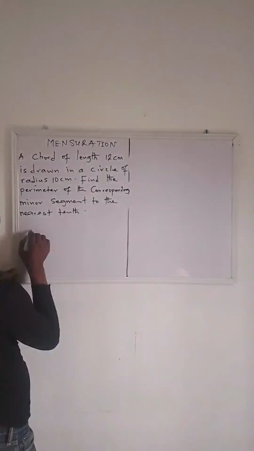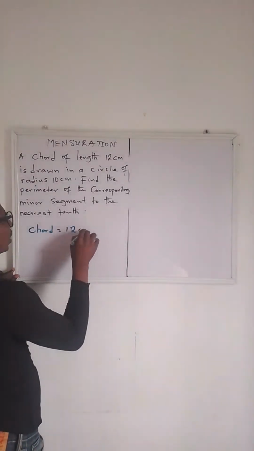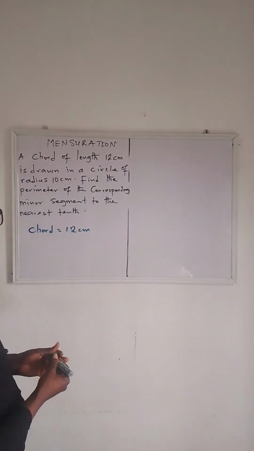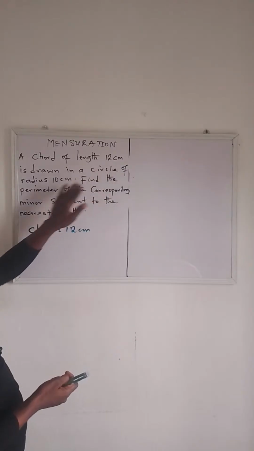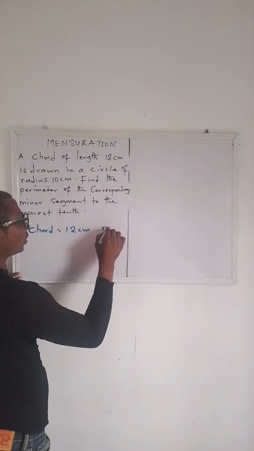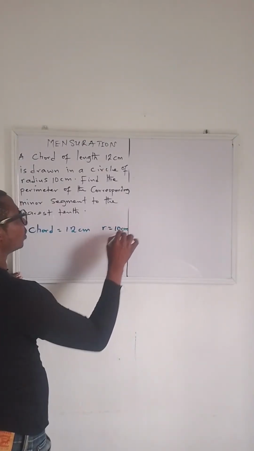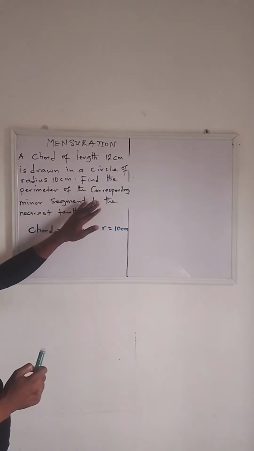The chord is 12 centimeter, drawn in a circle, so the radius is 10 centimeter. You have to find the perimeter of the corresponding minor segment.